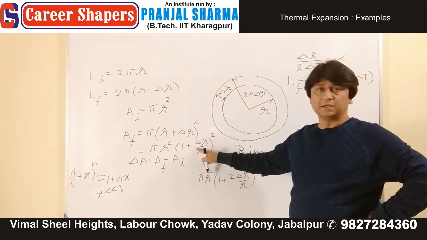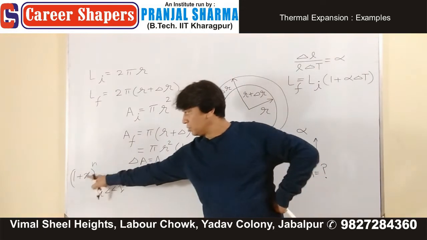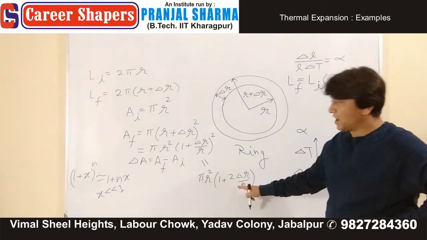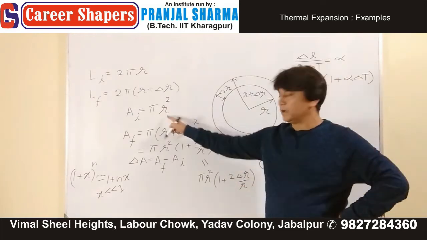Multiply 2 inside. So this is your A final. This is your A initial.